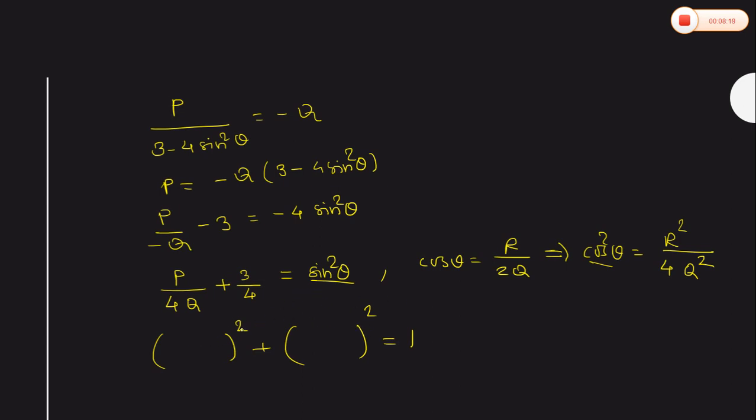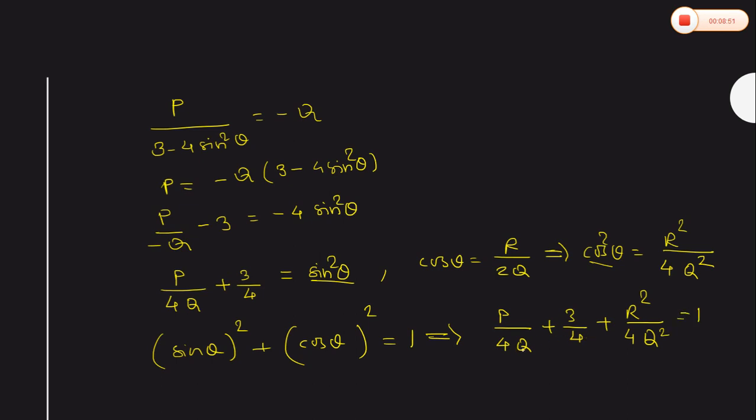Now here I will put sine square theta plus cos square theta is equal to 1. Now I'll put the value of sine square theta, this one, and the value of cos square theta, this one. So this implies P upon 4Q plus 3 upon 4, this is the value of sine square theta, plus R square upon 4Q square is equal to 1.